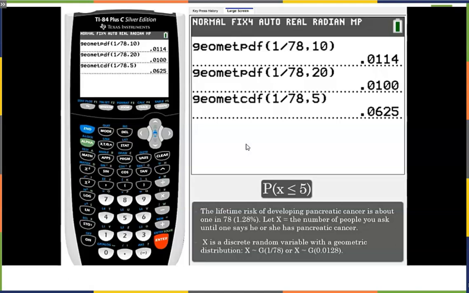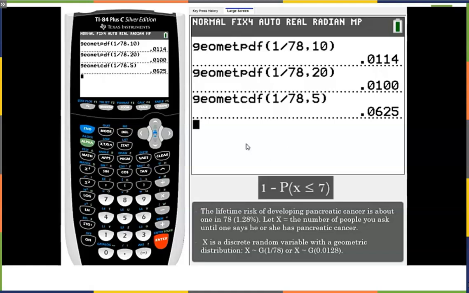Cumulative. If I say, what's the probability that I need to ask more than 7 people? Well, I can only do less than with the CDF, so I'm going to have to say 1 minus the geometric CDF to be able to find if I'm going to have to ask more than 7 people.